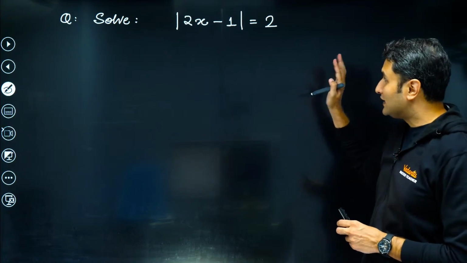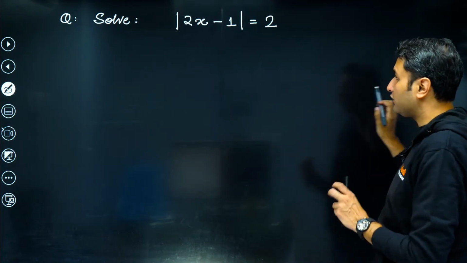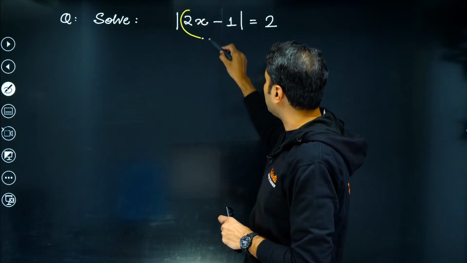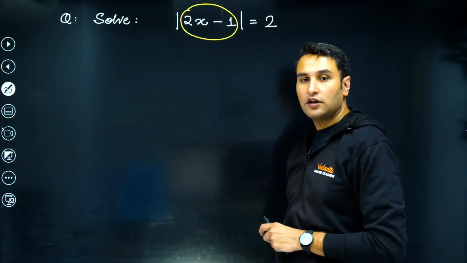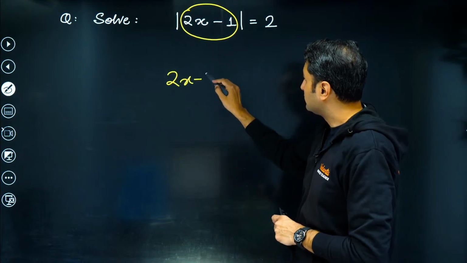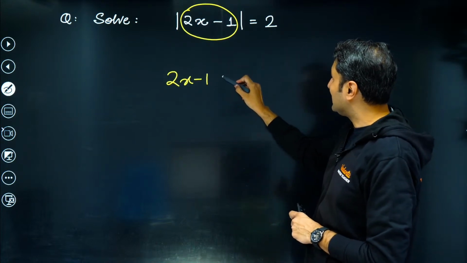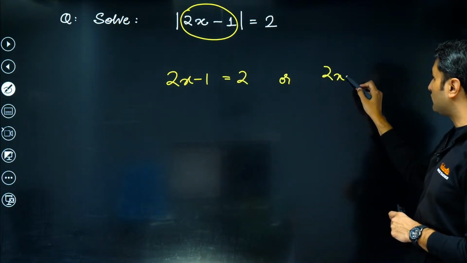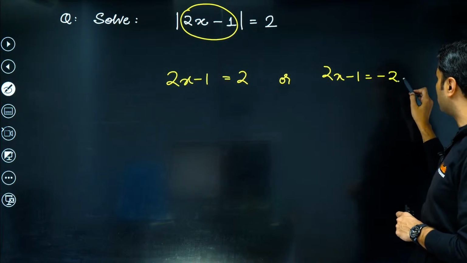So in this particular case, all that we need to do is simple. Whatever is written inside the modulus, whatever is the input, that thing will either be equal to 2 or equal to minus 2.